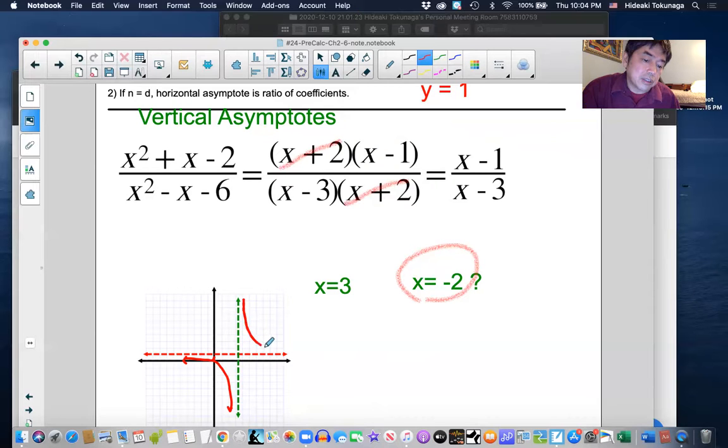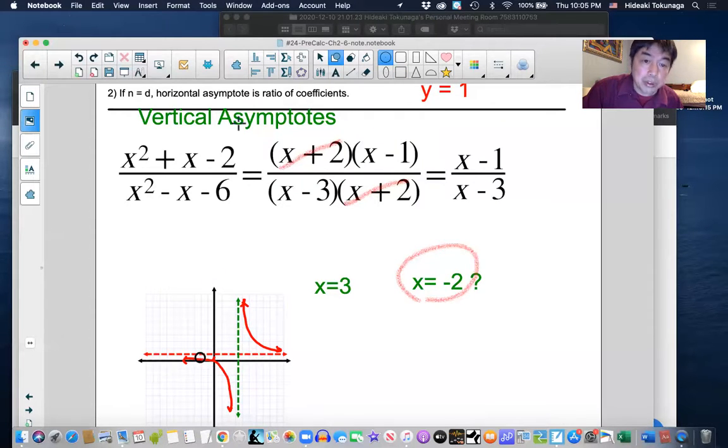Next week's test, you don't have to graph this, but I would like you to come up with the asymptotes, which is x equals 3, or what will happen to x equal negative 2, right? So the one thing you have to do, x equal negative 2, there's going to be a little space here, because it's supposed to not exist.